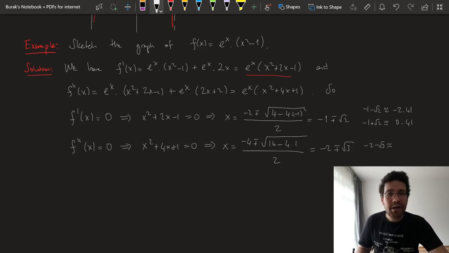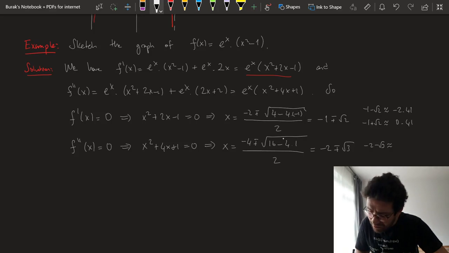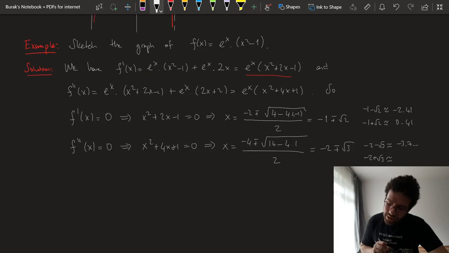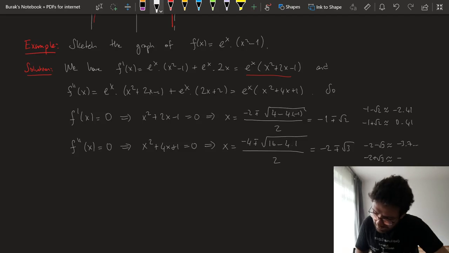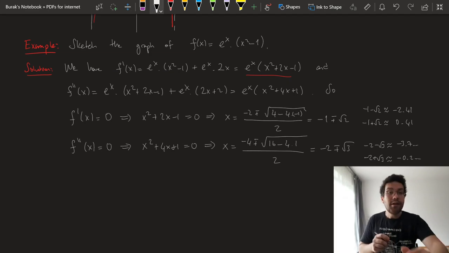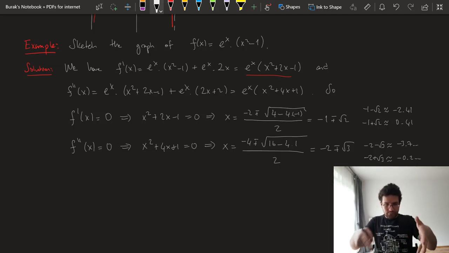Root 3 is like 1.7 and so on, so this is going to be minus 3.7 and so on, and this is going to be approximately minus 0.2 something, I guess. The point is, I'm gonna draw a table, right?